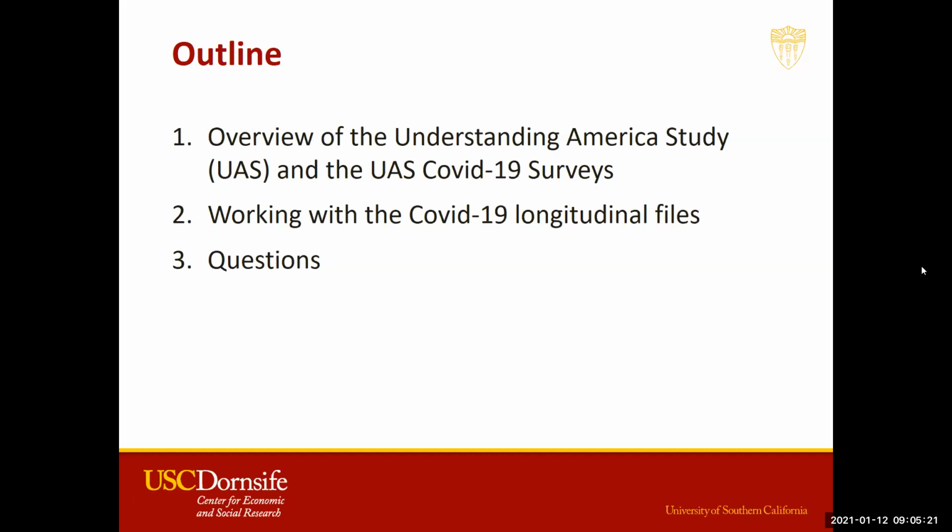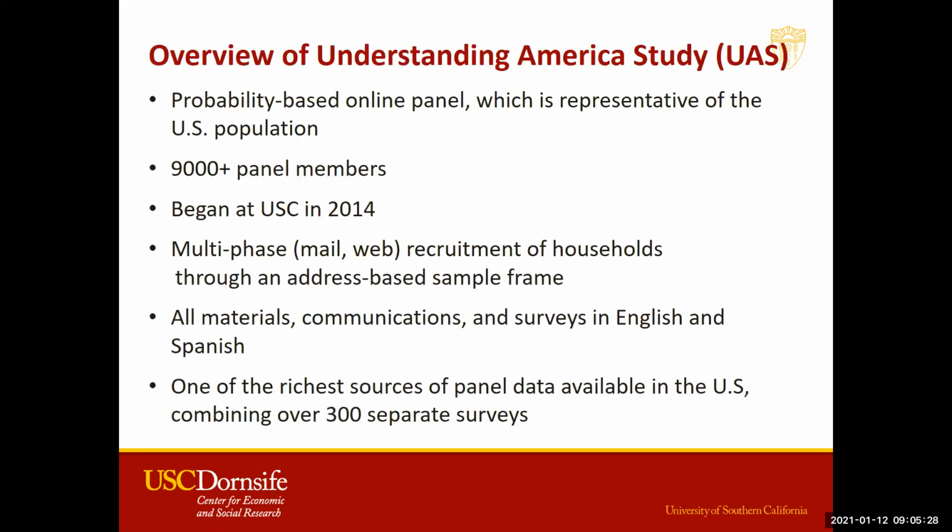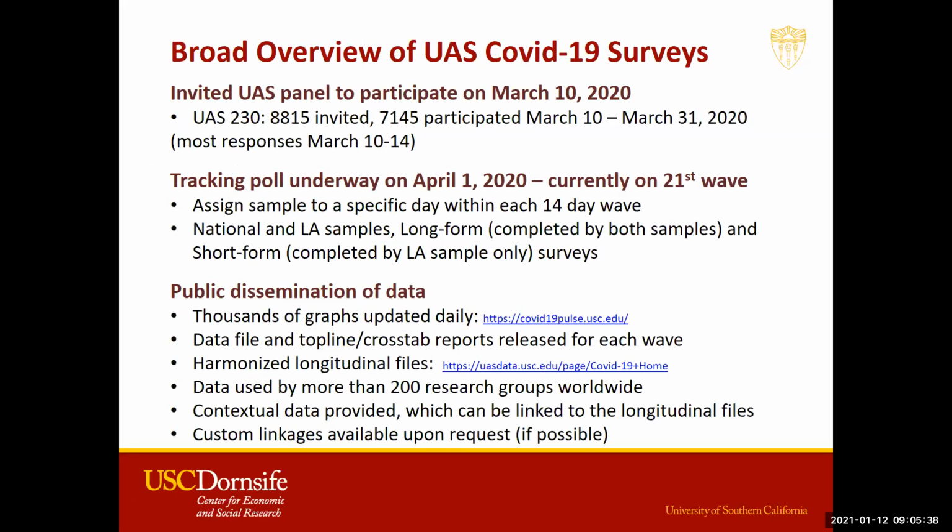So beginning with the super quick summary of the UAS and the COVID surveys. This is a one-slide summary of the UAS for future reference purposes. I'm not going to read through it here. And this is a one-slide overview of the COVID surveys, and again, just for reference purposes for now.